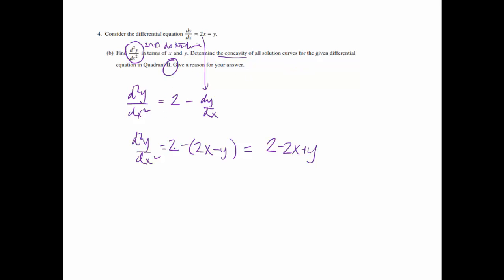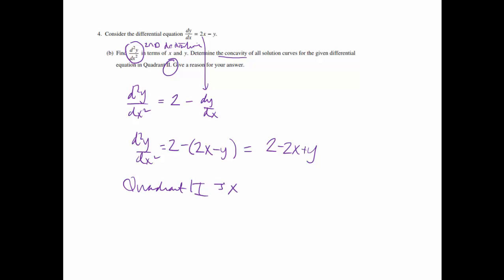So if I'm looking for the concavity on this one, I would look at the second quadrant, quadrant 2.